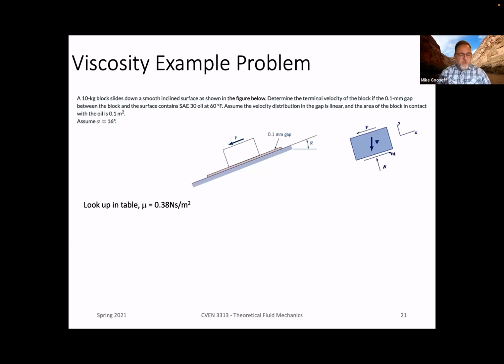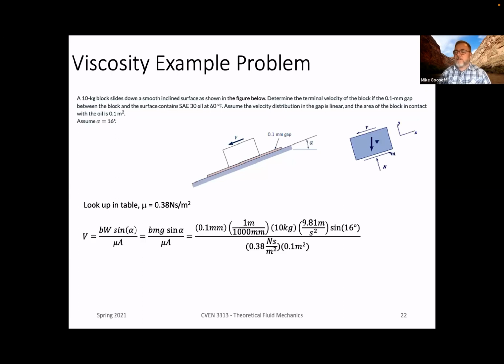So if we go to SI, we see SAE 30 oil with a temperature of about 56 degrees Celsius, which is pretty close to 60 degrees Fahrenheit. We look over and the dynamic viscosity comes out to be 0.38 Newton seconds per meter squared. Okay, so we can look that up, and that's going to help inform our equation.